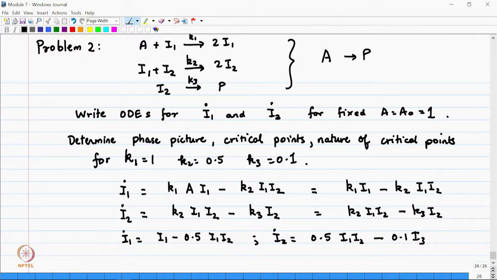Okay. So, what are the critical points of this equation? So, this is a nonlinear system.